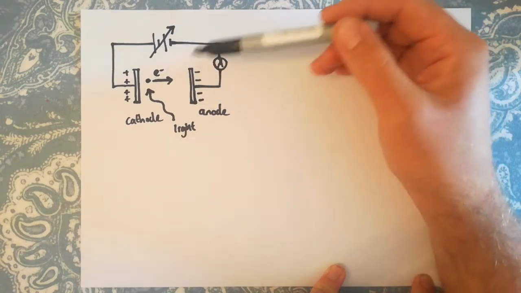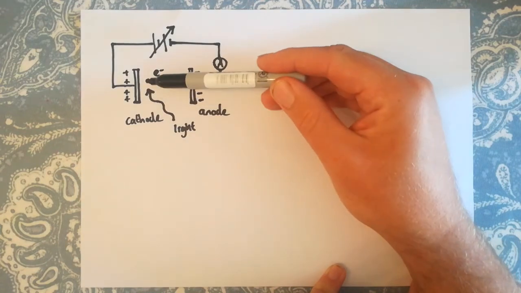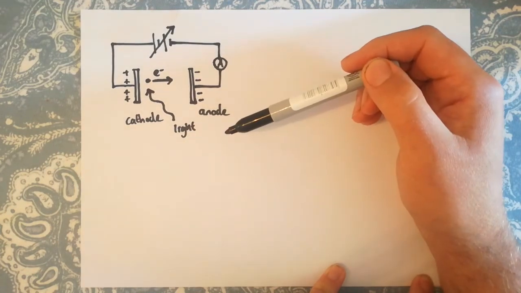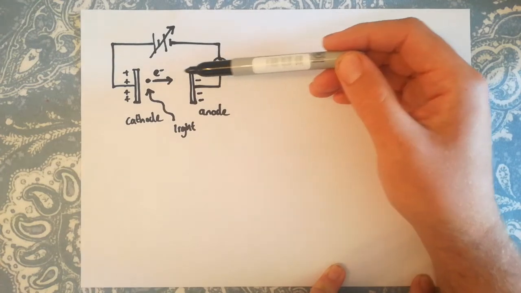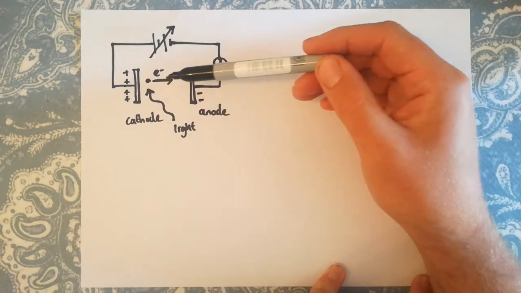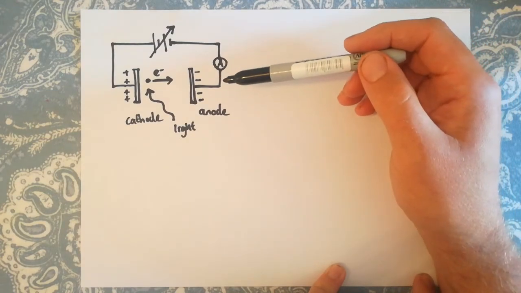So as we do this, if we imagine we're shining light onto the cathode, electrons are being emitted. If we turn the voltage to 0, we would expect the electrons to travel across the gap with a constant velocity.